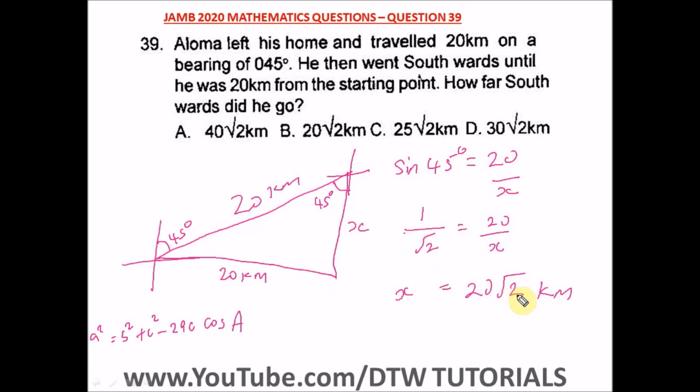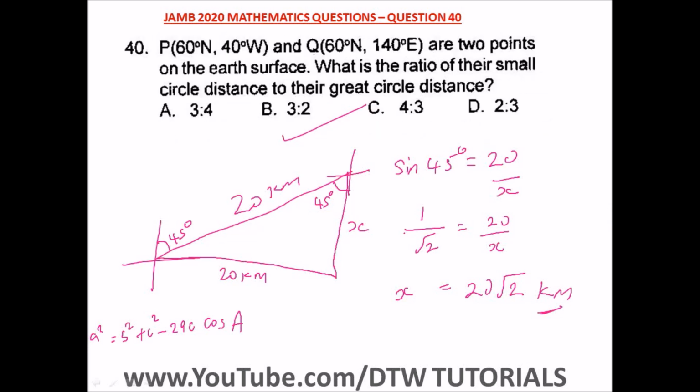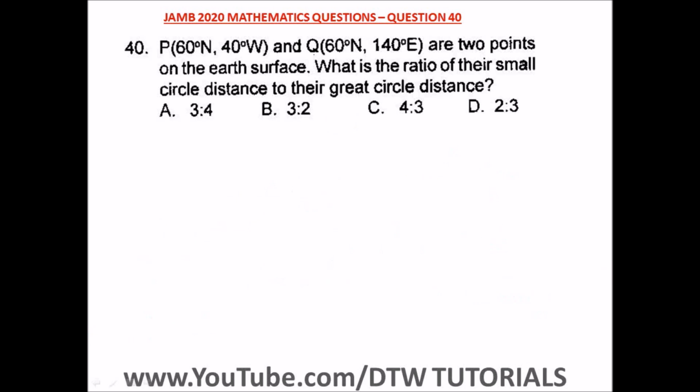So our answer is 20 root 2 kilometers, and that is our B. So with that, we go to the next question on the JAMB 2020 past question, number 40.